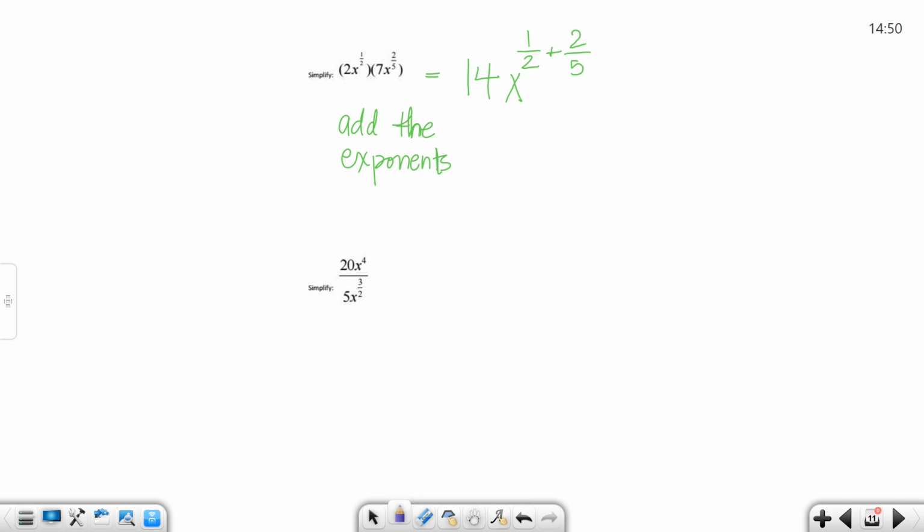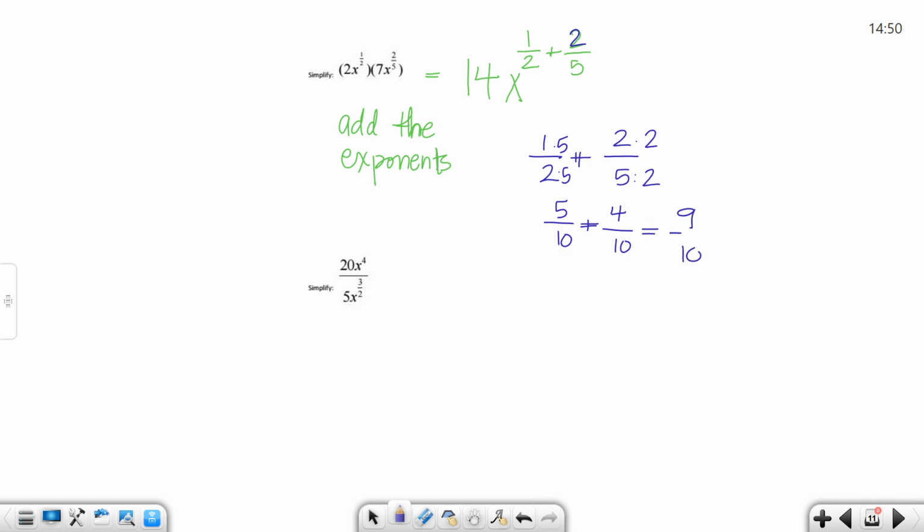I'm going to turn them both into tens. If I multiply by 5 on the bottom, I have to multiply by 5 on the top. If I multiply by 2 on the bottom, I have to multiply by 2 on the top. So I'm going to get 5/10 plus 4/10 gives me 9/10.